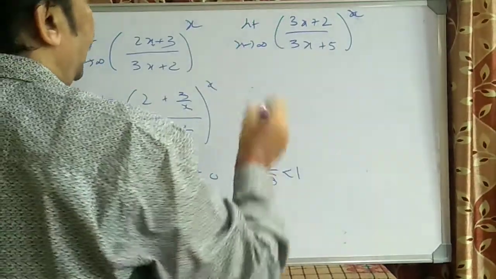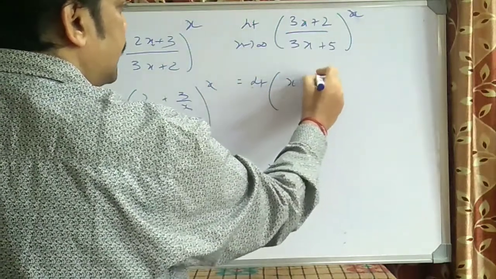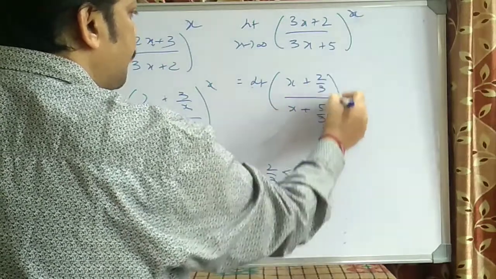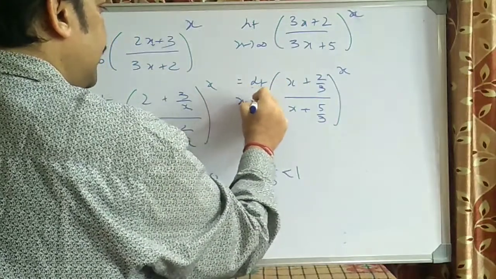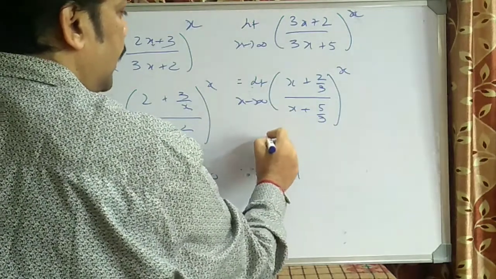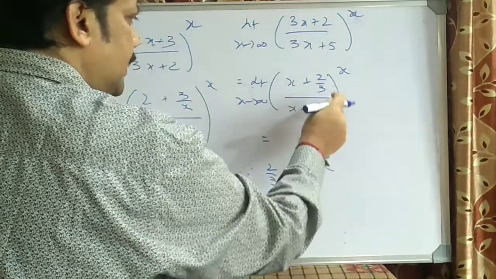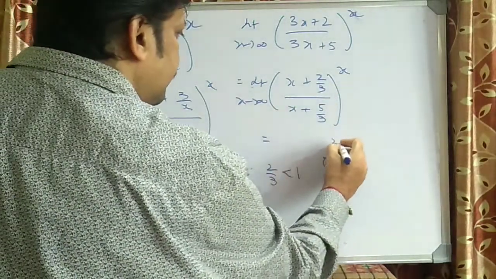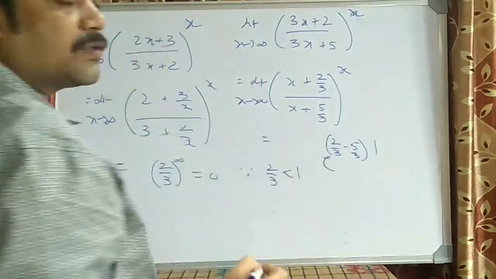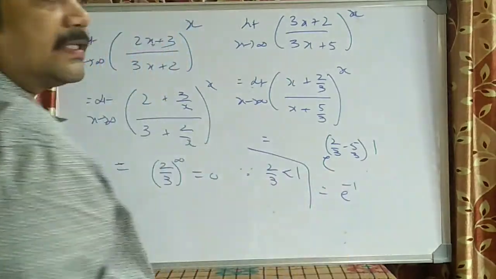In this model, actually what we do is, I divide with the 3: (x plus 2 by 3) by (x plus 5 by 3) whole to the power x as x tends to infinity. So this is converted into the previous model. If I subtract, what do I get? Simply e to the power (2 by 3 minus 5 by 3) is minus 1, into power x coefficient is 1. Very clearly the answer is e to the power minus 1.